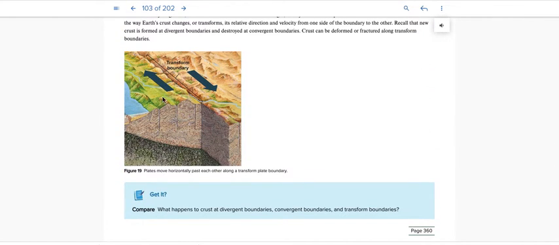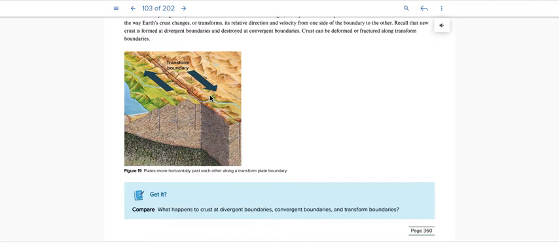Transform boundaries. I want to really look at this. We'll talk about earthquakes more later, but this is our current California boundary. Our current boundary is that two different plates are sliding or grinding past each other. And as they grind past each other, it's not going to be pretty. There's going to be earthquakes. There's going to be times where it just slips really quickly, or you get some small little earthquakes that relieve some of the pressure along the way.